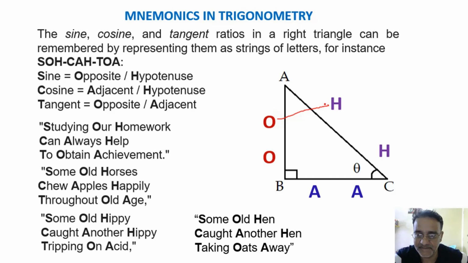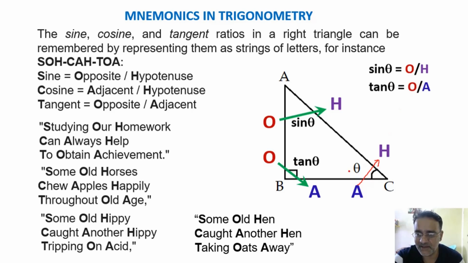O to H is sine, sine theta is O by H. Now three pairs are there: O to H, O to A, and the next one left is A to H. This is cos theta. Tan theta is equal to O by A, and cos theta is equal to A by H. Any doubt in this? Let me know.